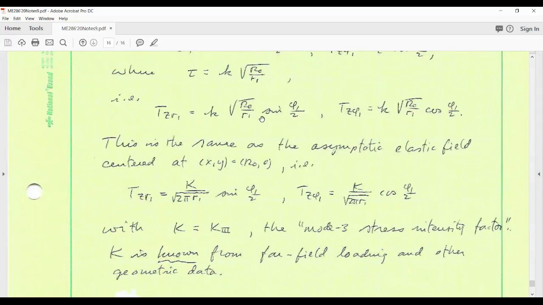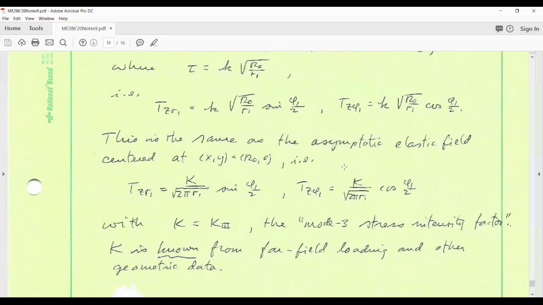Okay, and those have exactly the same structure, the same angular variation, sine phi1 over 2, cos phi1 over 2. For example, in ME 225, we discuss solutions like this, fracture mechanics, or in 282. So my apologies if you haven't seen this before, but this is a well-established result. You can easily look up on your own.